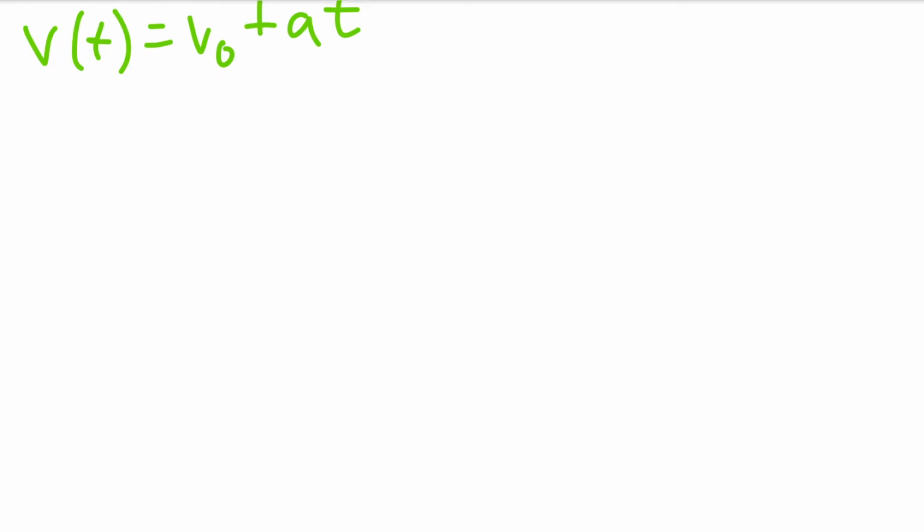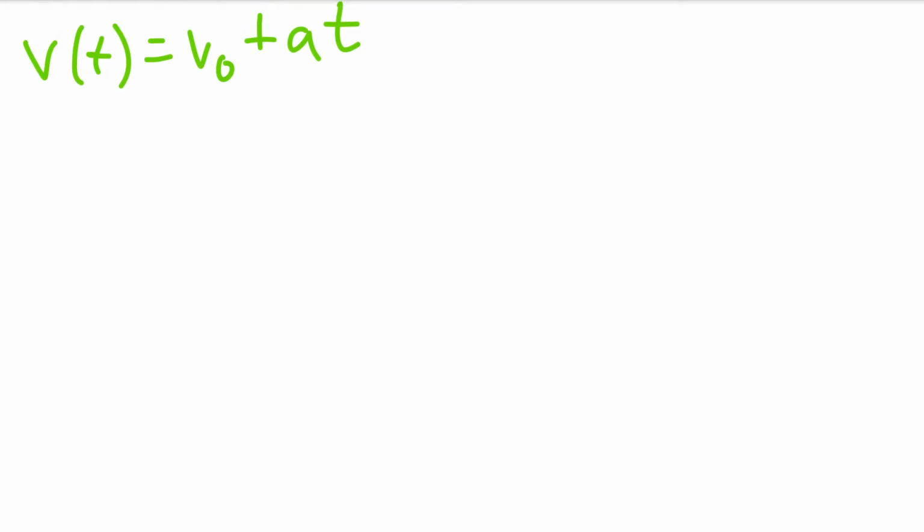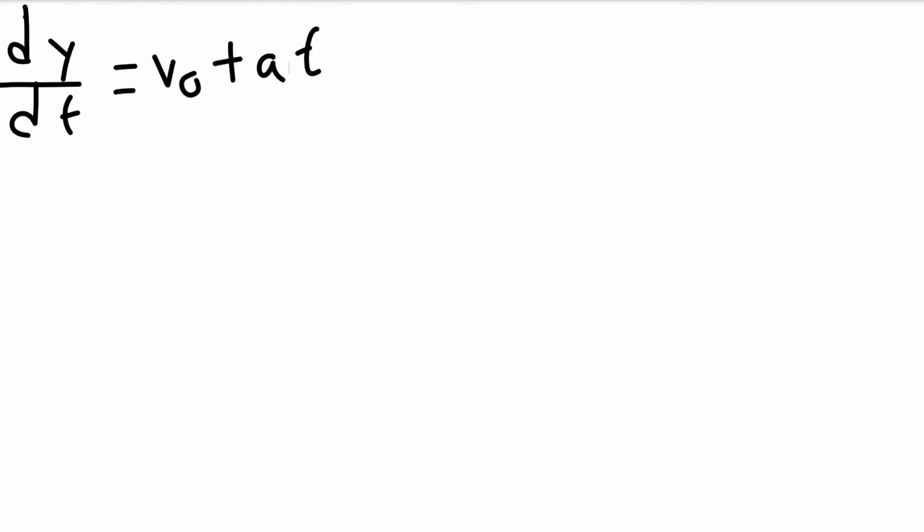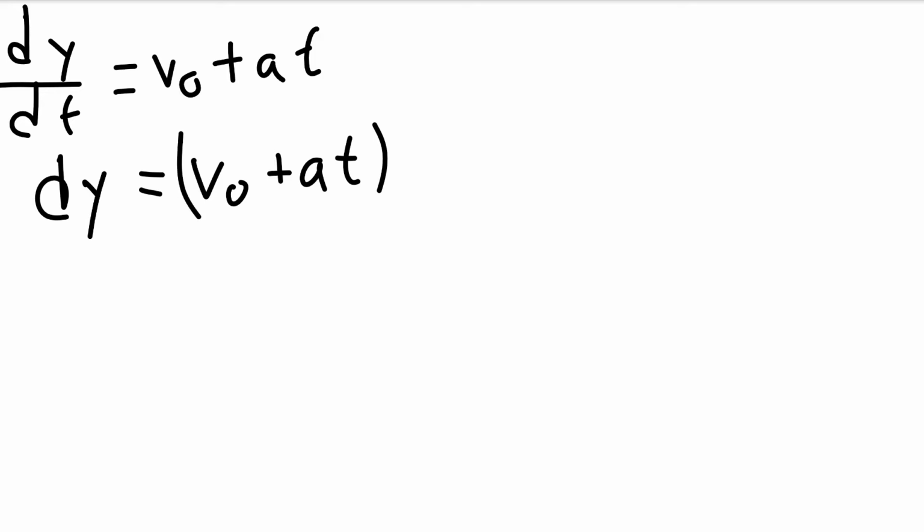So if we do that, we have dy/dt equals v naught plus a t. And we're going to do what we just did. We're going to separate this again. Multiply both sides by dt. We have dy equals v naught plus a t, that quantity times dt.